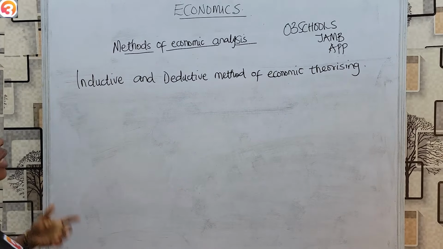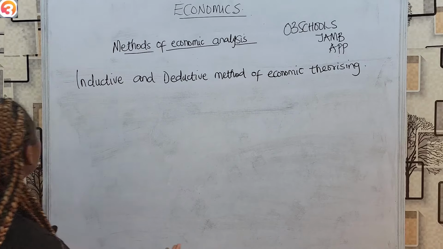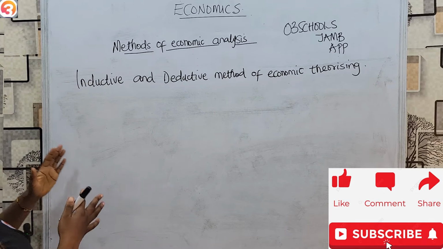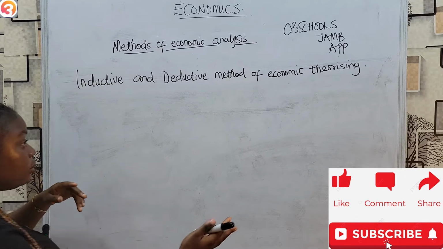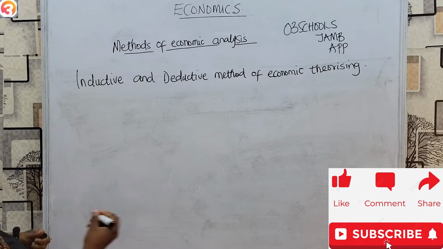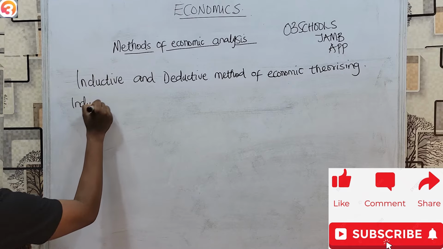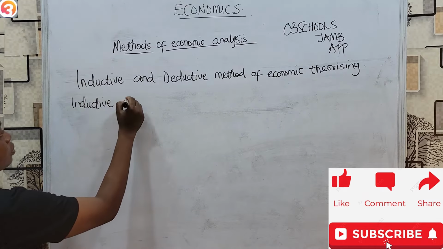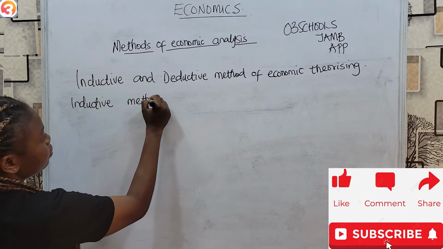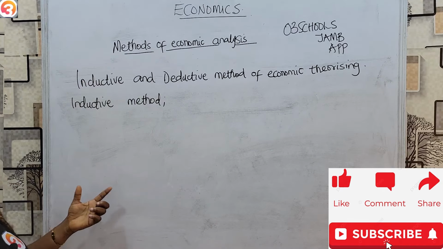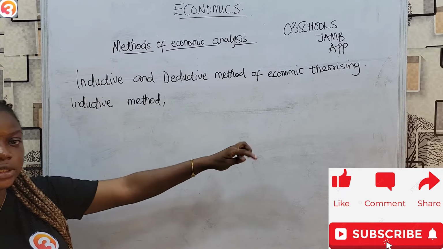Economic scientists attempt to formulate theories that will help us explain human behavior in relationship to human wants, scarcity, and availability of resources. So now let's look at the first method, the inductive method of economic theorizing.